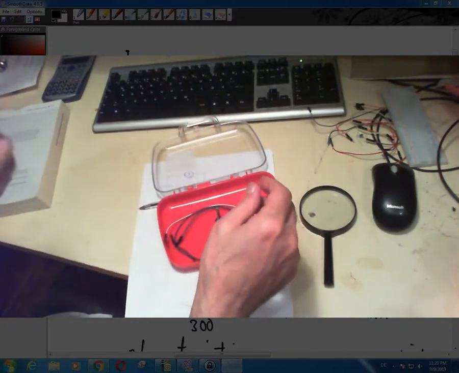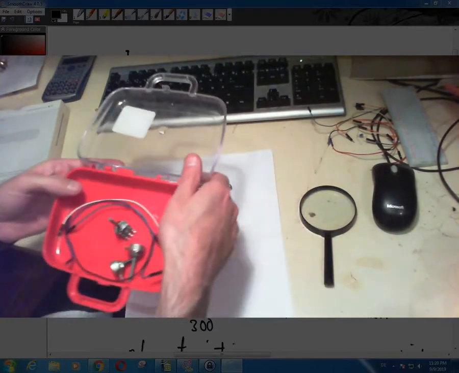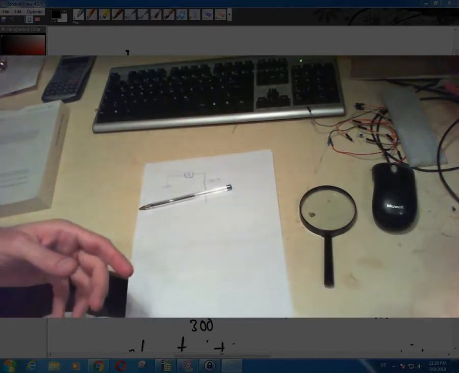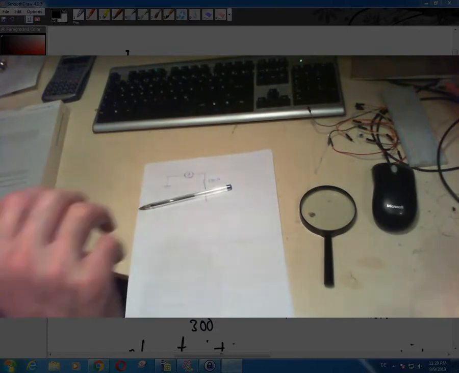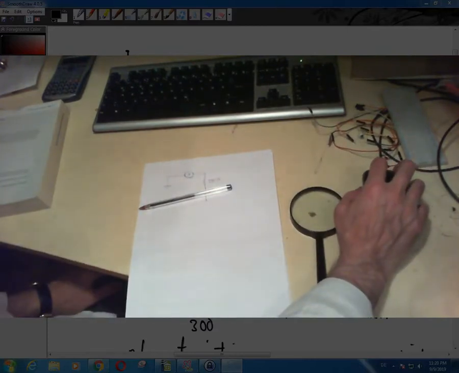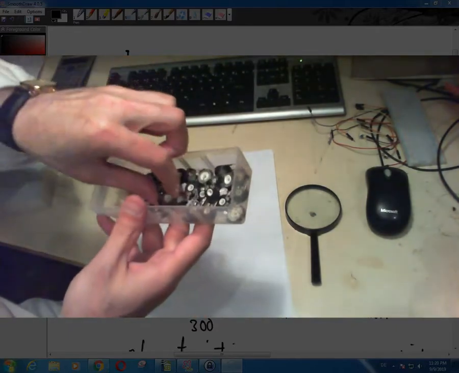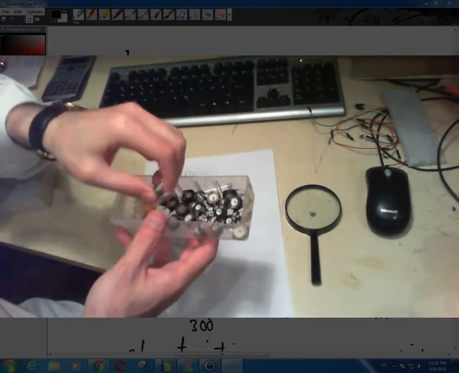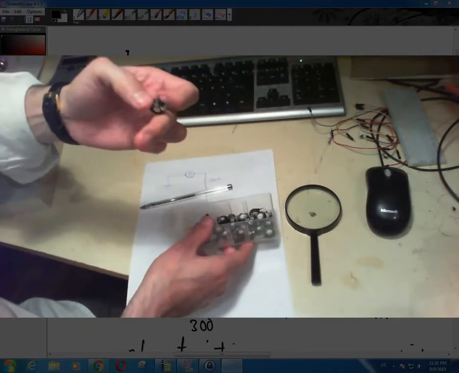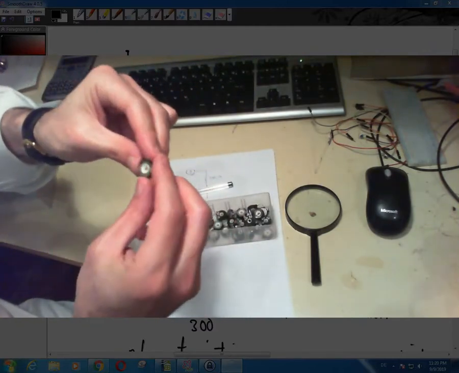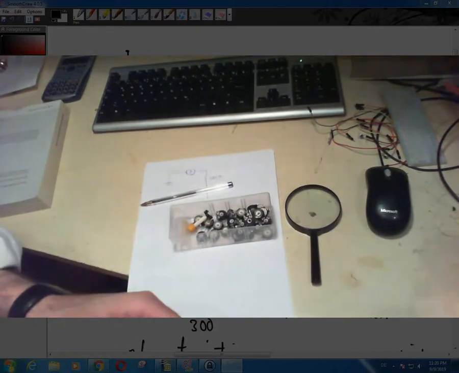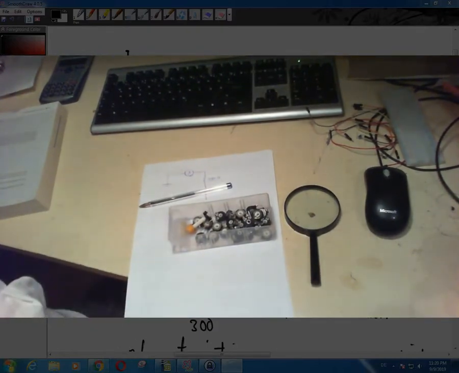This is a 22 kilo ohm potentiometer. Let me see if I can find a better potentiometer. Okay, so these are also potentiometers.